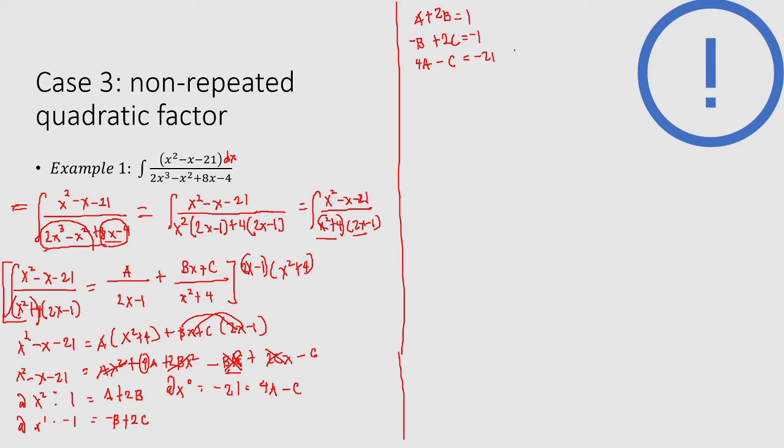If we substitute equation 3 into equation 2, 4A plus 21 is equal to C. So that's negative B plus 2 times 4A plus 21 is equal to negative 1.